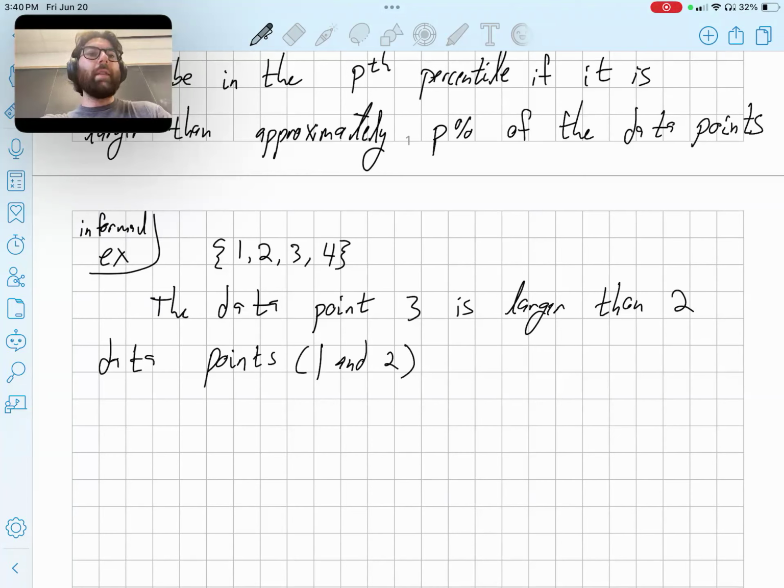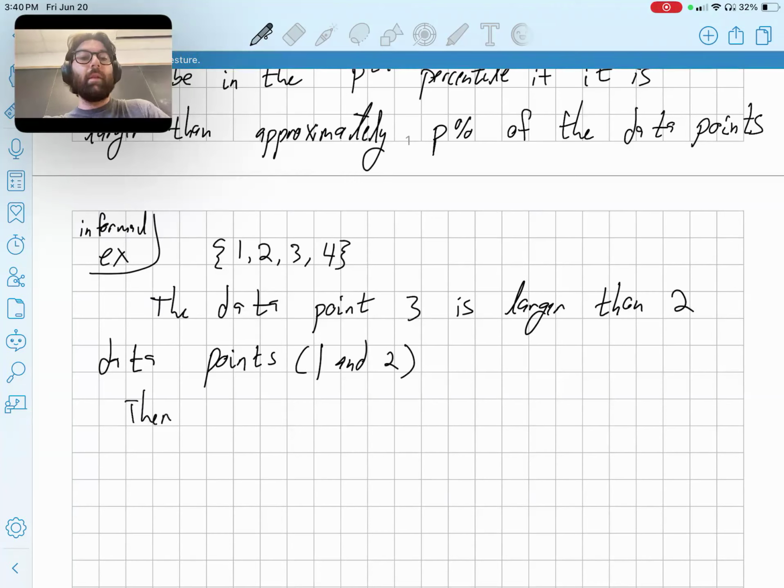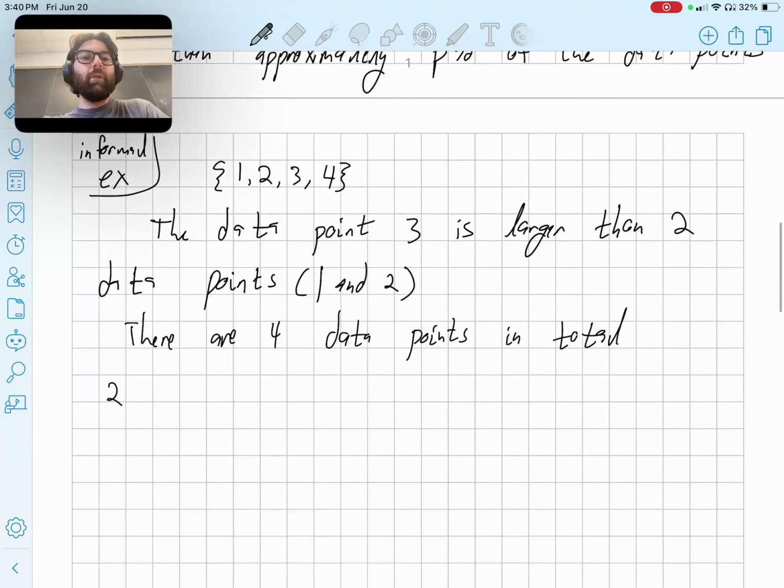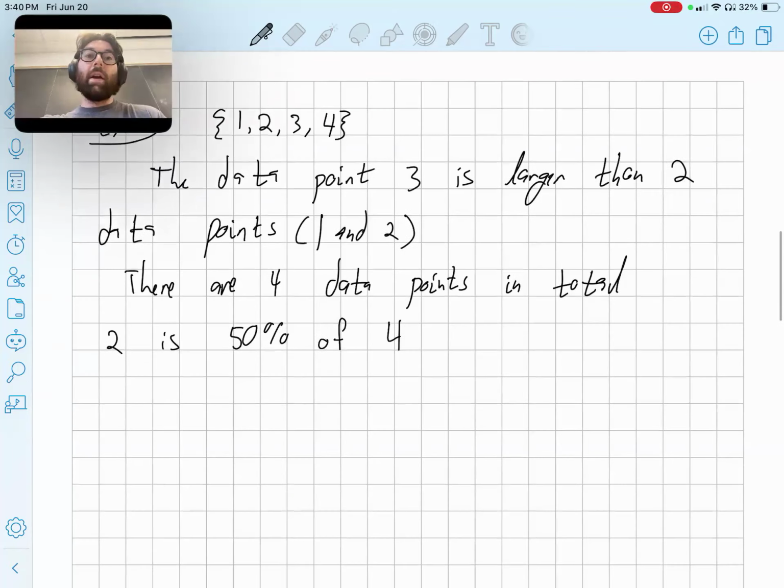It's not bigger than itself, and it's not bigger than 4. It's bigger than 2 of them. There are 4 data points in total, and 2 is 50% of 4. Verify that if you want.